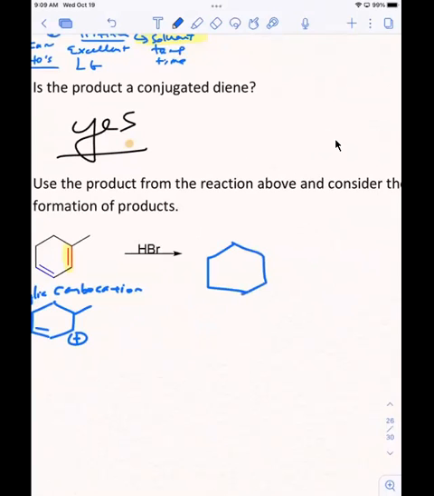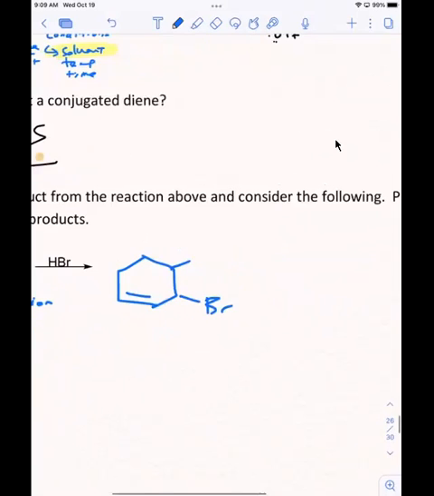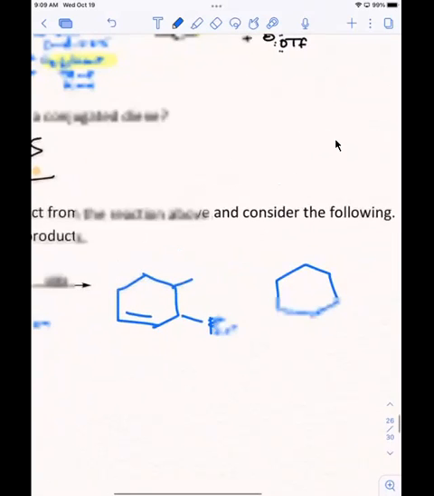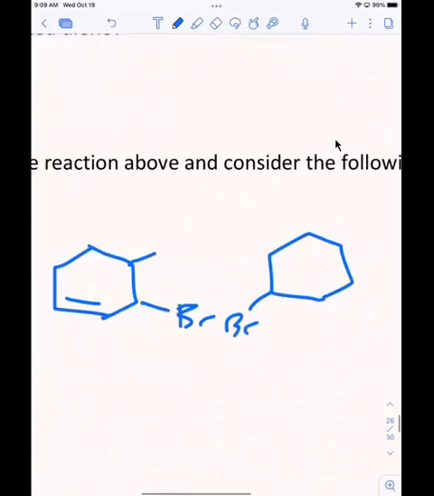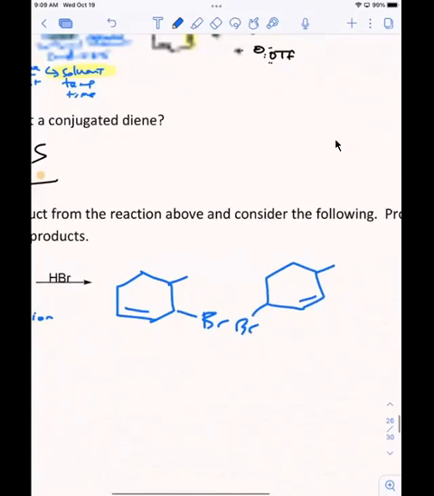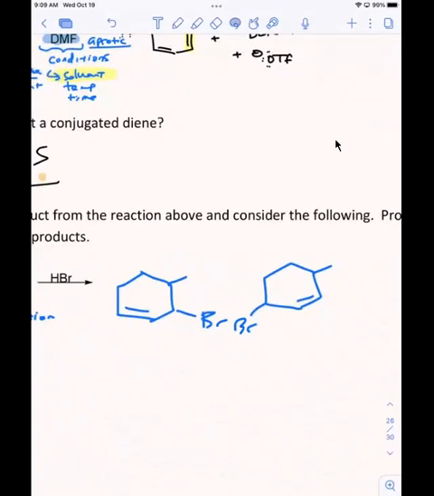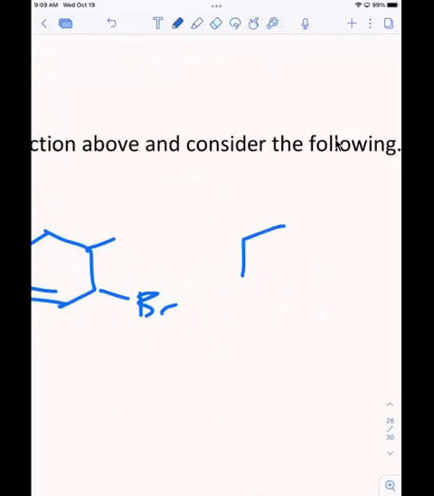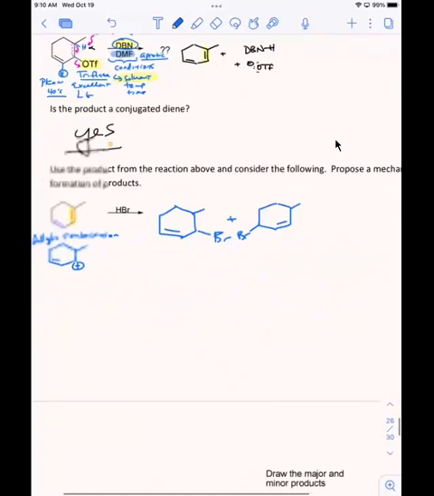One of them from direct addition or 1,2 addition. And then one from what we call 1,4 addition. And I'll explain that when we go through the mechanism. So these are the two products that you'll get from that intermediate.